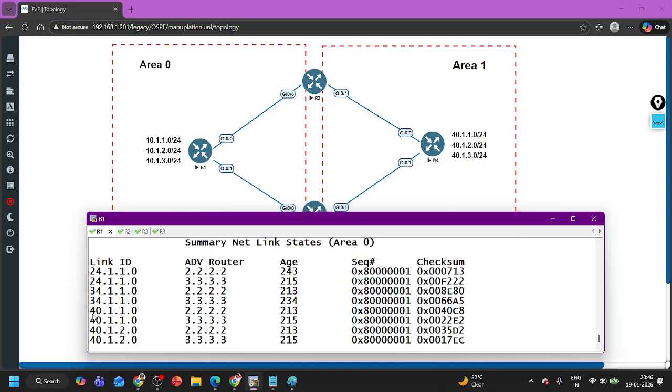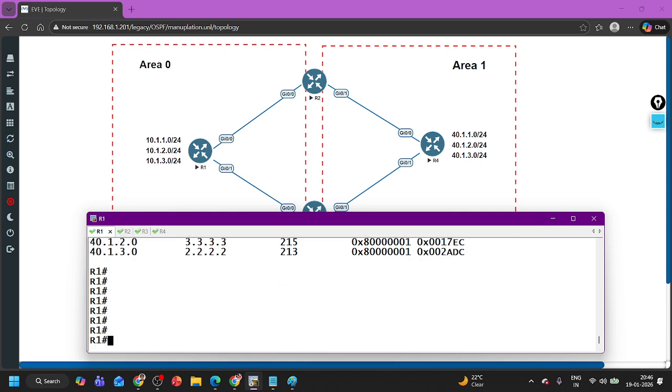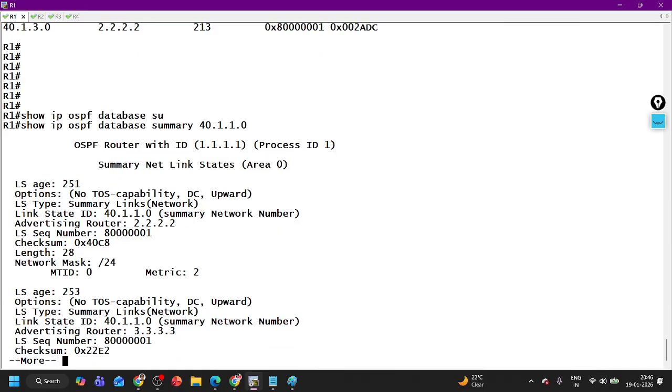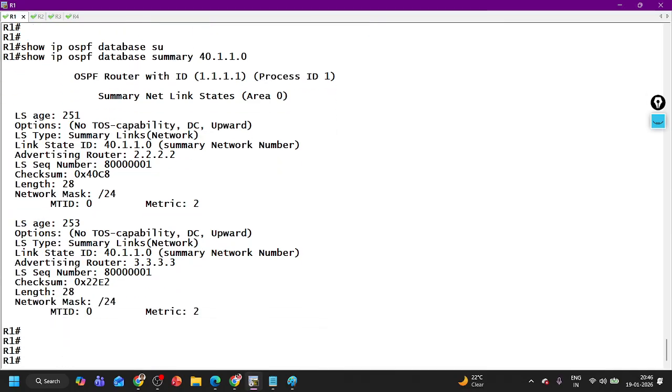Here is my concern. See, 40.1.1.0, 2.2.2.2 is also advertising it, and 3.3.3.3 is also advertising it, right? Let me open this summary LSA for 40.1.1.0. Let me maximize it. You can see who is advertising this summary LSA. 2.2.2.2 is advertising with metric 2.